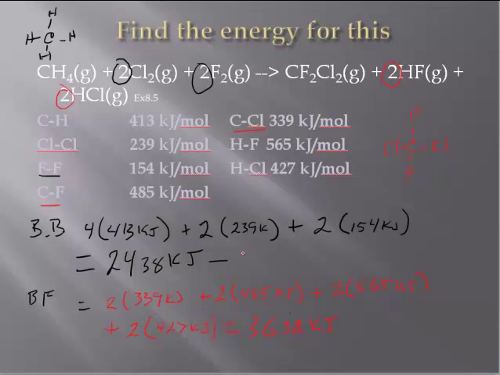So I'll put that up here, 3,632 kilojoules. We subtract them out, we get a value of 1,194 kilojoules. Oops, I'm forgetting the main thing, a negative sign, right? So that tells us that it is an exothermic reaction. So there's the heat of the reaction for that reaction based on bond energies.